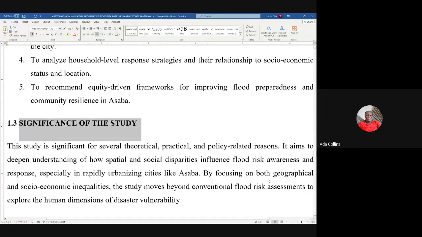Hello, my name is Ada. The significance is like the importance of the study, while justification is like the reason why you are writing on that particular topic. Okay, the significance is the importance and the justification is the reason.